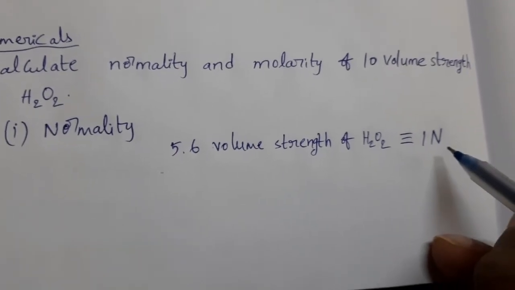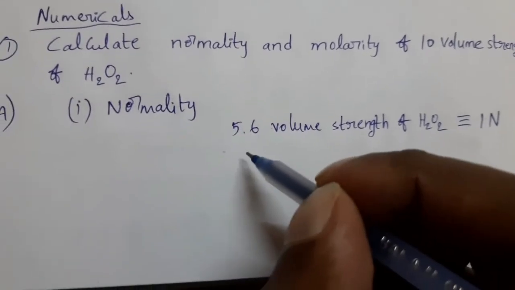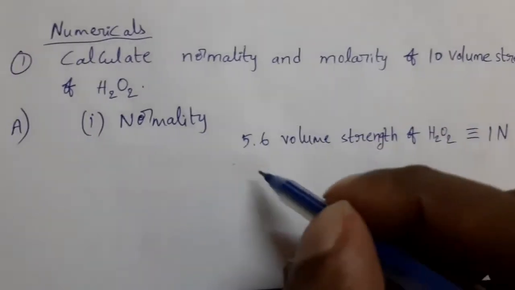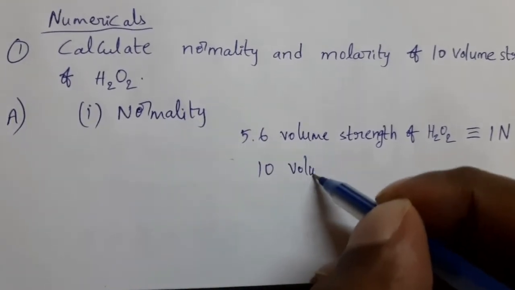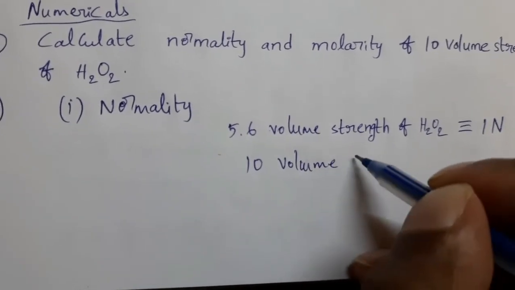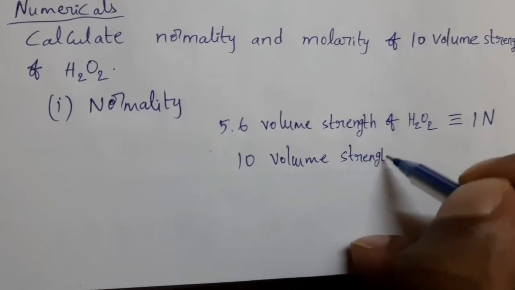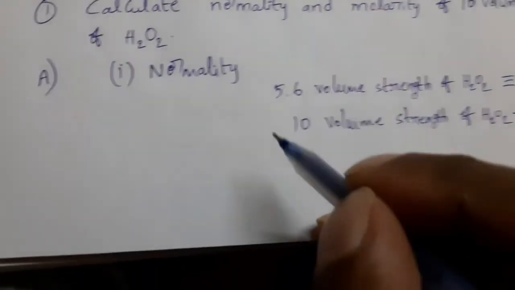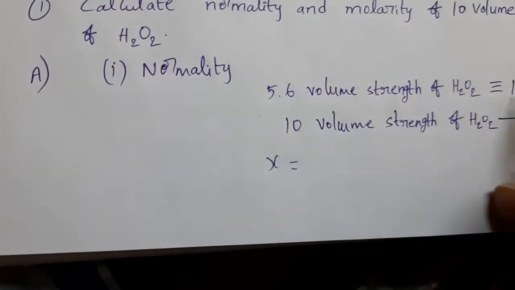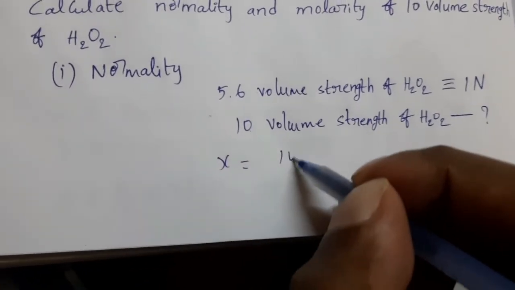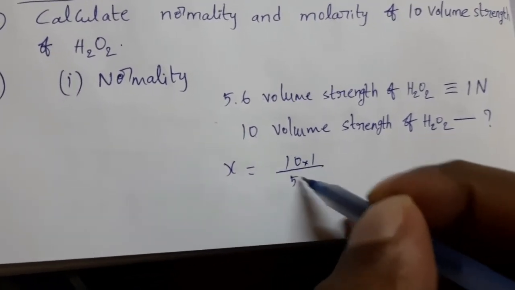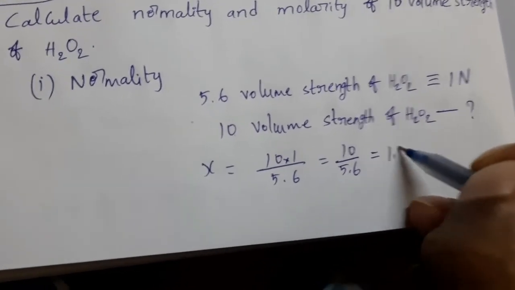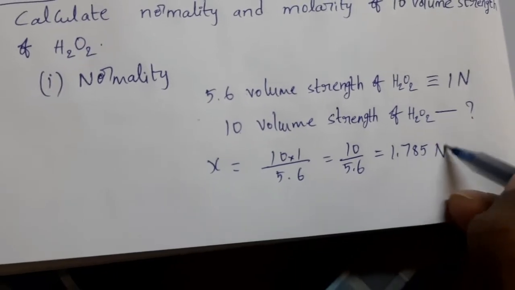So 1 normal H2O2 volume strength is 5.6. Here in the given question, how much volume strength? 10 volume strength. Of this H2O2, we should find out normality. Do the cross multiplication. 10 into 1 divided by 5.6. So we get 1.785 normality.